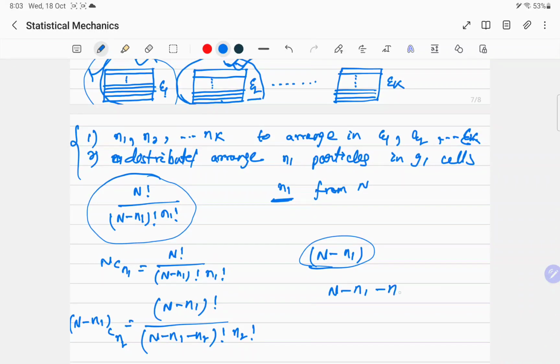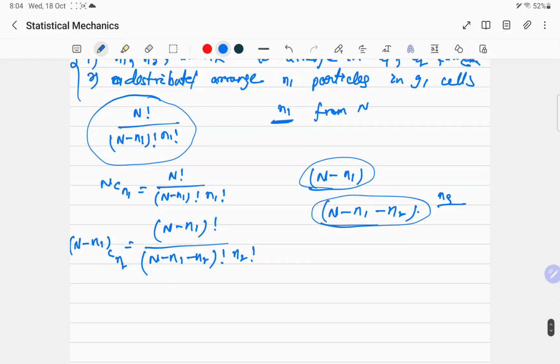And then for the next task, how many particles remain? n minus n1 minus n2. So these are the particles I am left with. In the third case I have to take n3 particles from them and arrange them in the third box. Now see, this arrangement is independent of this one, and the third arrangement will also be independent of this.